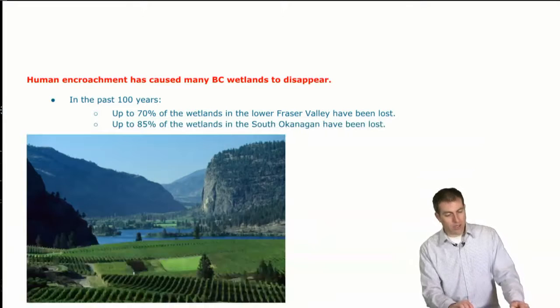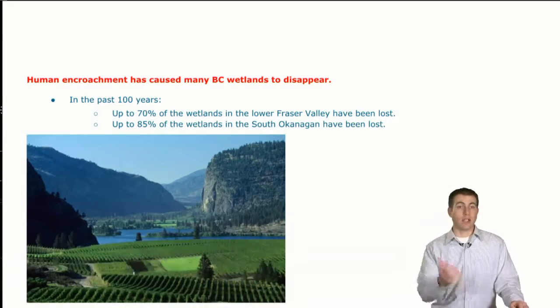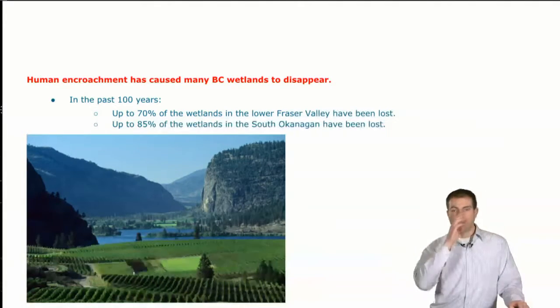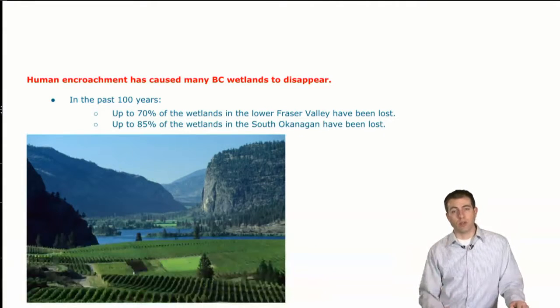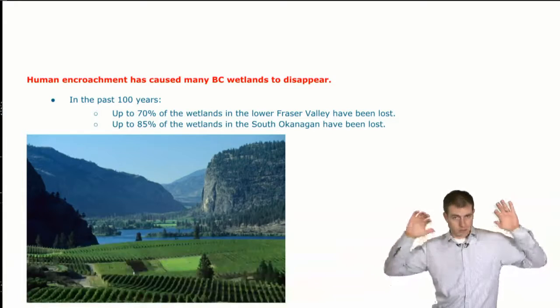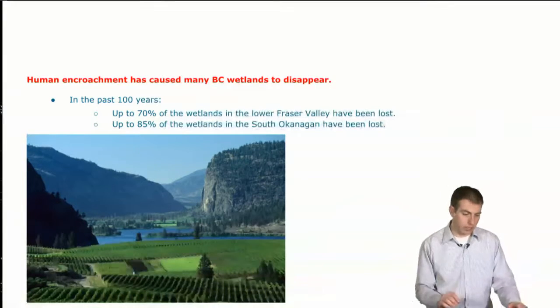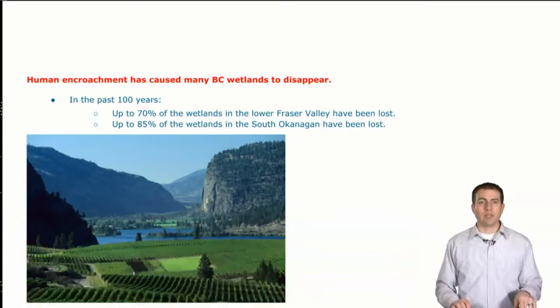The main thing in this picture is agriculture. We grow things like grapes to make wine. In the South Okanagan, if you've ever driven down Highway 97, south through Penticton, down towards Oliver, Osoyoos, through OK Falls, it's just orchards, fruit trees, for as far as you can see on either side of the valley floor, and then you get the valley walls like in the image here. Same thing in the Fraser Valley.